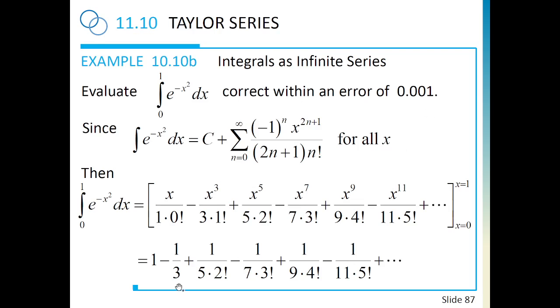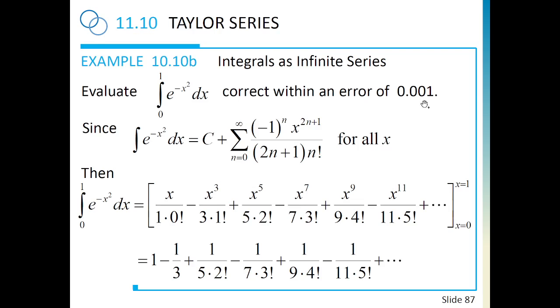And now we are using the fact that this is an alternating series and the error is smaller than the next neglected term. As of now, I don't know how many terms I need to add. Where do I need to stop? Do I add only the first 3, the first 4, 5, 6? How many terms do I need to add in order for my result to be correct to 0.001?